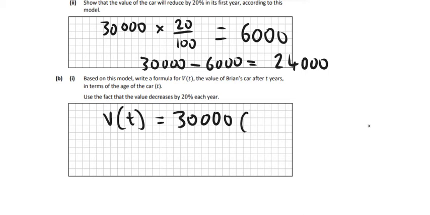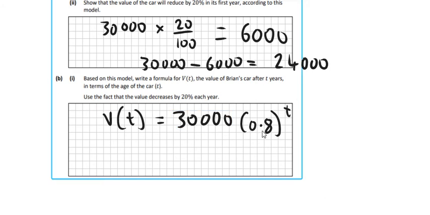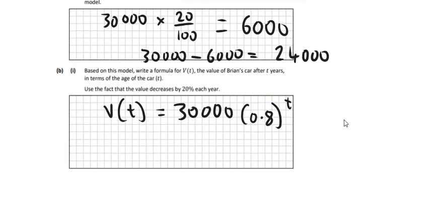So it'll be times by 0.8, I'm just changing into a decimal. And then the t always goes as the power in these kinds of questions. So that's how many years. So it'll be 30,000 times 0.8 to the power t. And that's the formula.